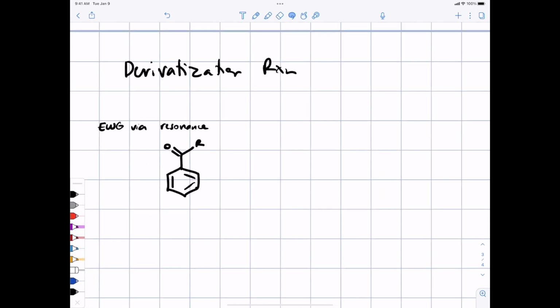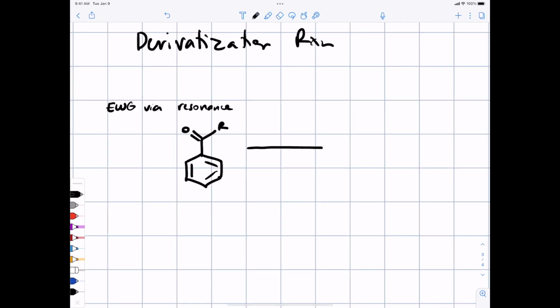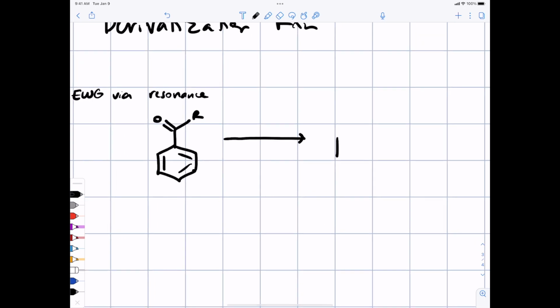There we go. The reaction I'm going to show you now reduces the ketone all the way down to the alkane.